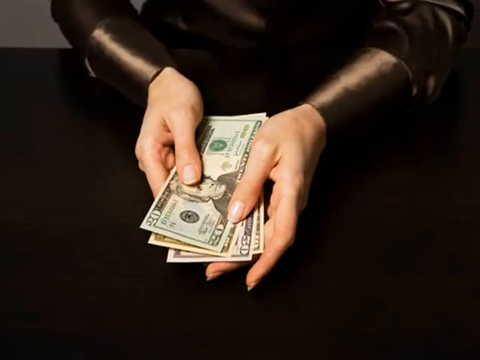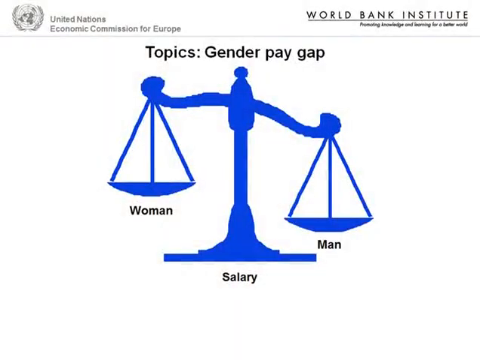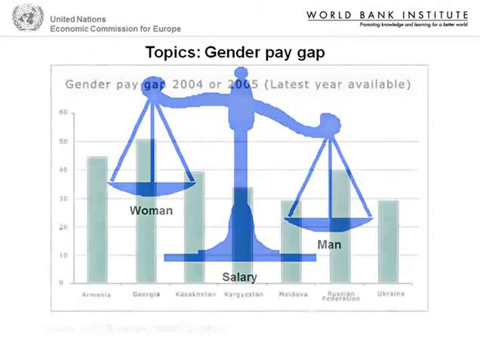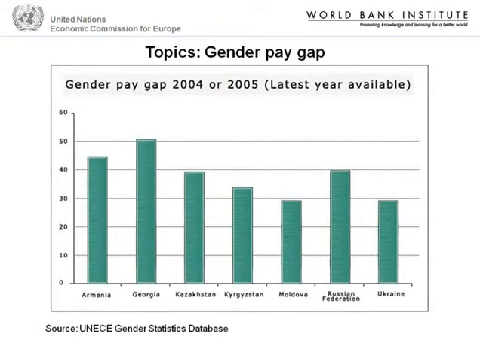Let's examine income as another important topic when analysing gender. Do women, on average, earn the same as men when they are employed? Is equal pay for work of equal value applied among women and men? The graph shows data from selected CIS countries related to the average difference between a monthly salary of women and men.